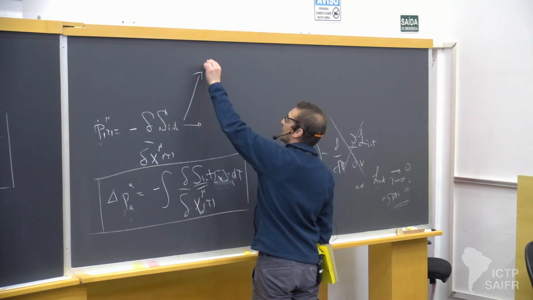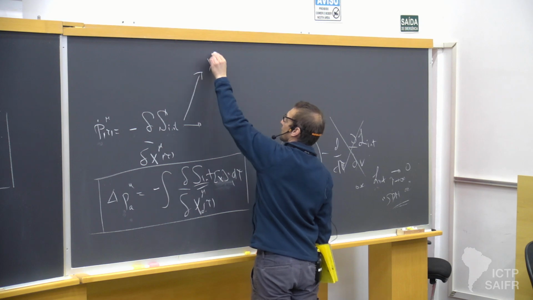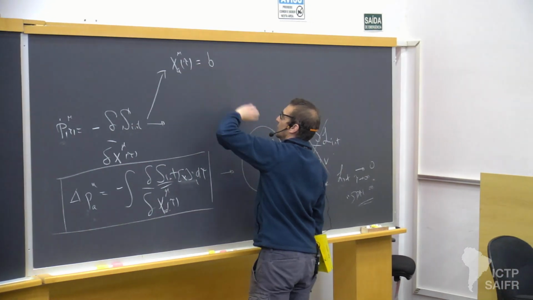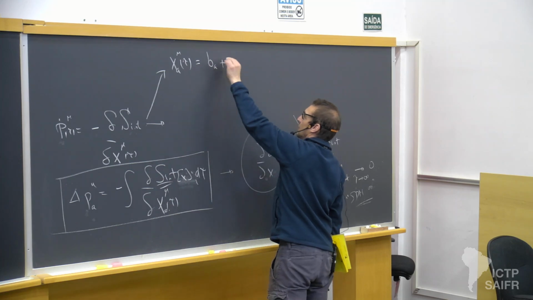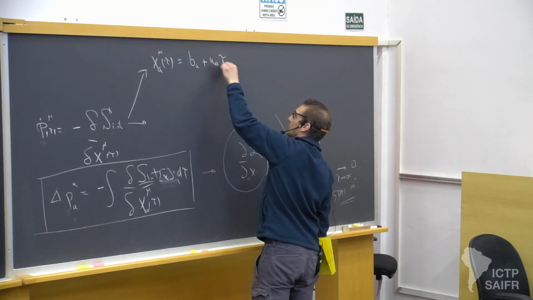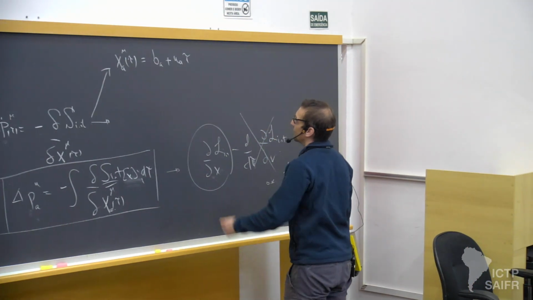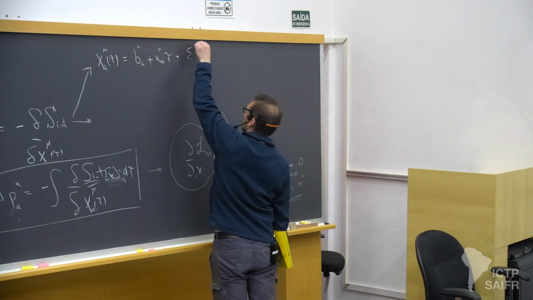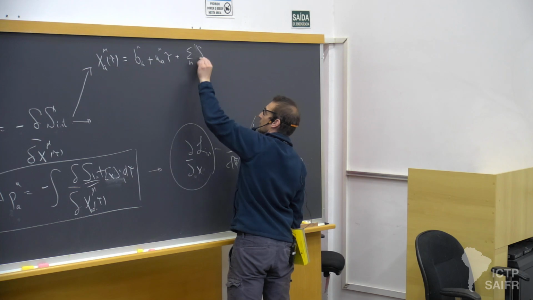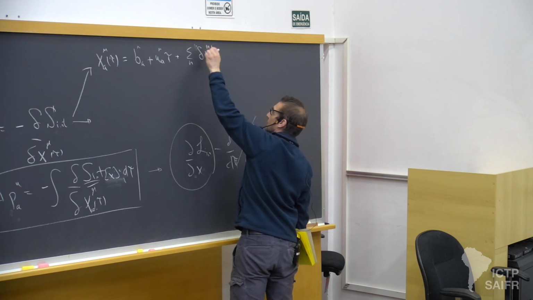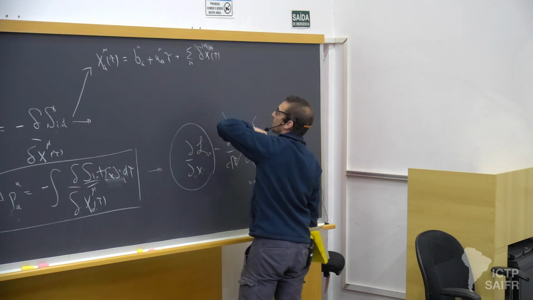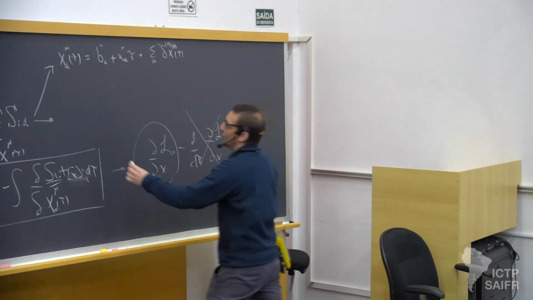I'm going to say that the motion of the particle is going to be some impact parameter, the zeroth-order straight-line solution, some velocity at infinity, and then a bunch of deflections. And the same for the velocity.